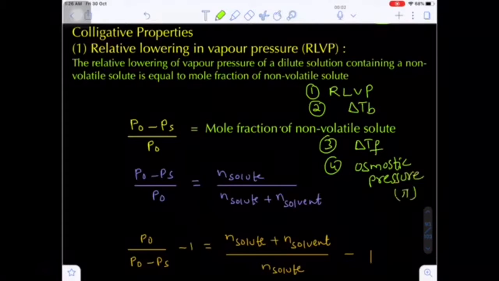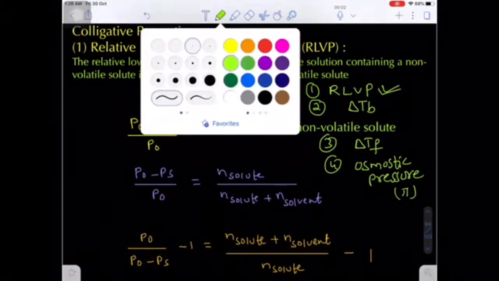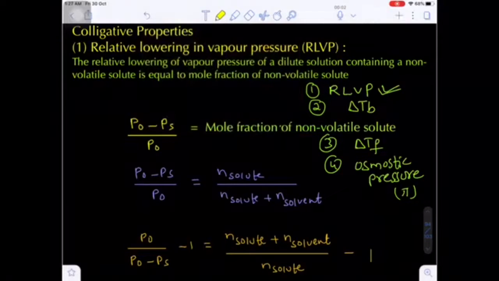Okay. Now, we already discussed Raoult's law for a non-volatile solute in a volatile solvent in the Raoult's law topic. Again, one more time we are repeating here. What is the relative lowering of vapor pressure of a solution? It is the ratio between the lowering of vapor pressure of a solution and the vapor pressure of a pure solvent.